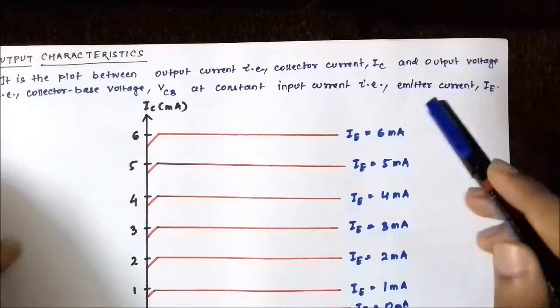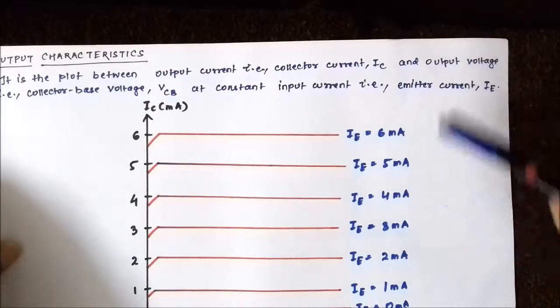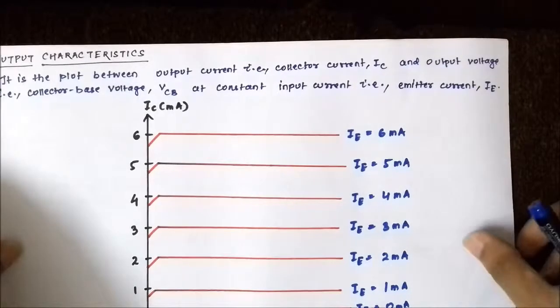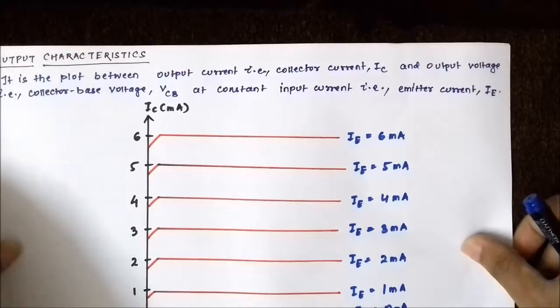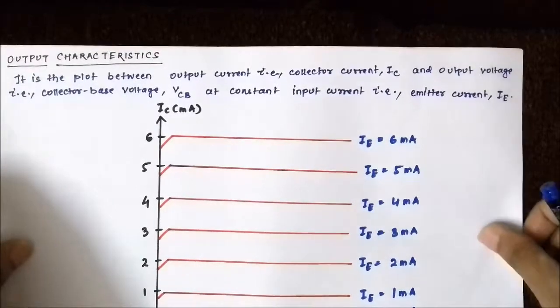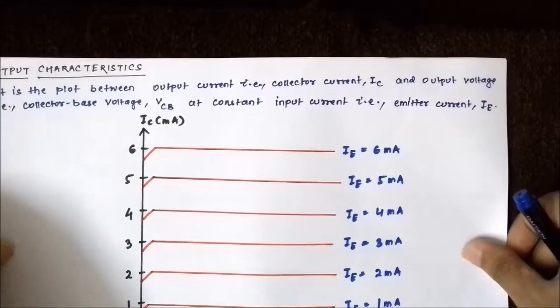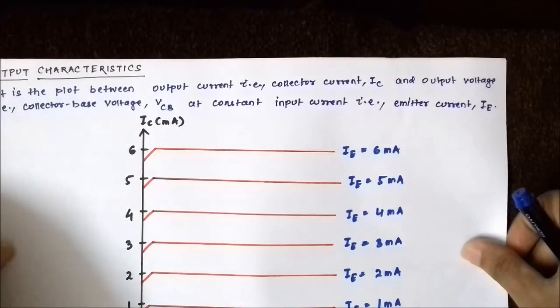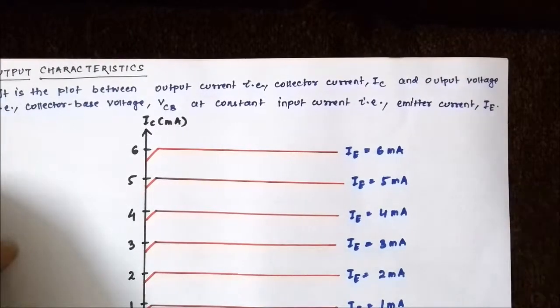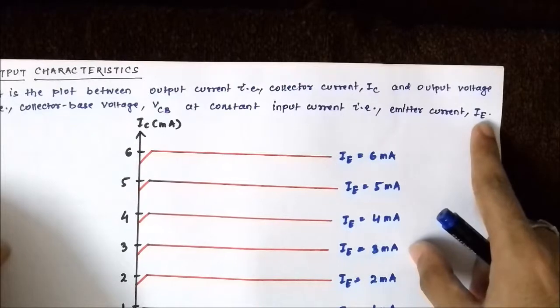The input current is kept fixed and a plot is drawn between the output current and the output voltage. So the output characteristics for common base mode BJT will be a plot between the collector current, which is the output current, and the collector base voltage, which is the output voltage, at constant input current, which is the emitter current.